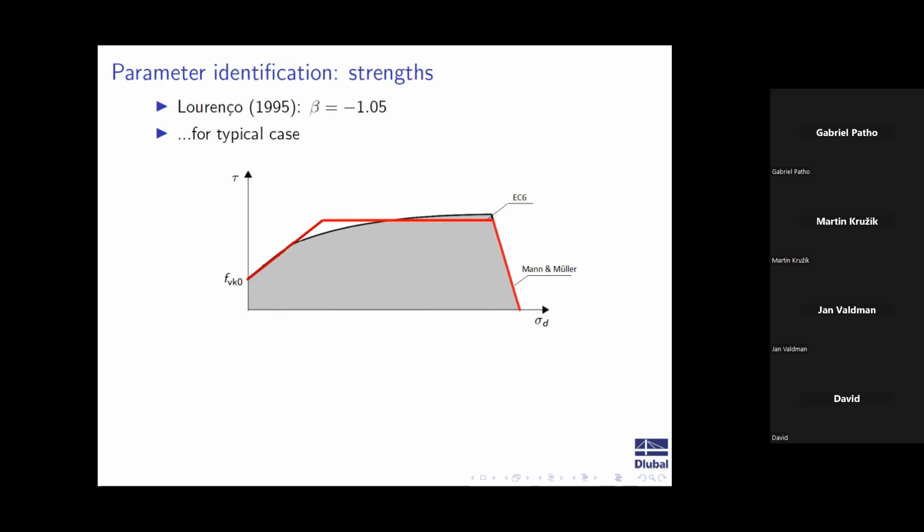So for a typical case, this is how it looks like. This part is described also in Eurocode 6, so we have the guidelines. The crushing under very high compressive stress was described by Mann and Müller already in the 1970s, so these are well-known theories.